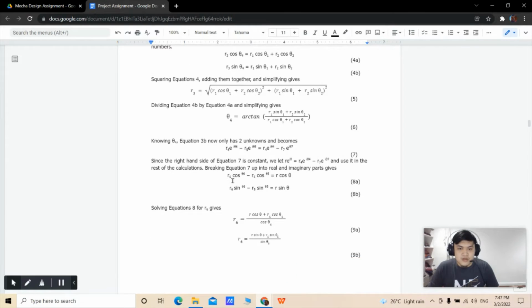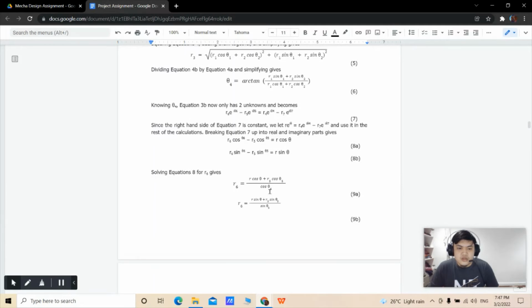Breaking equation 7 up into real and imaginary parts will give us equations 8a and 8b here. Solving both equations will give our R6, written here as equations 9a and 9b.